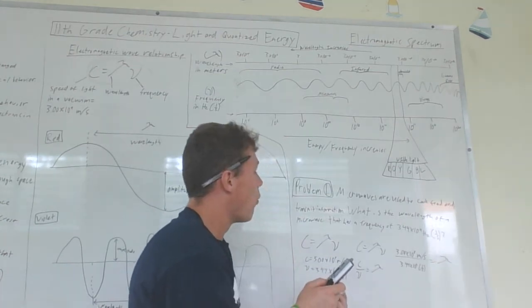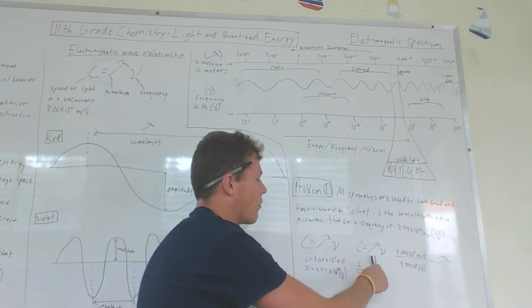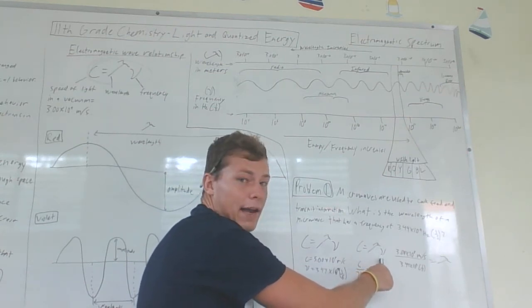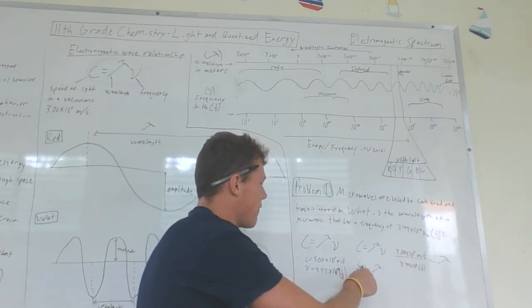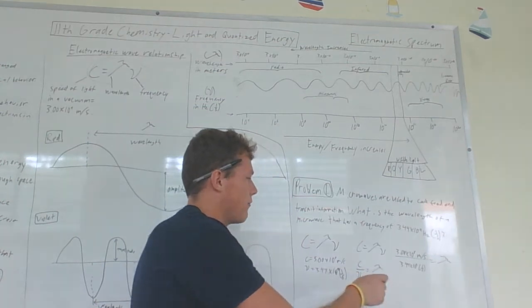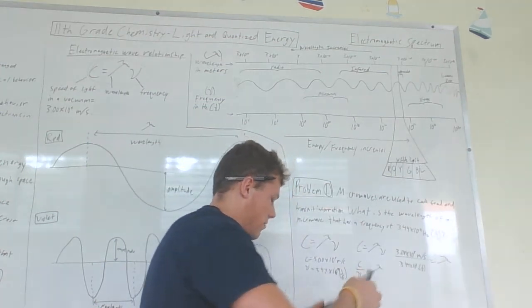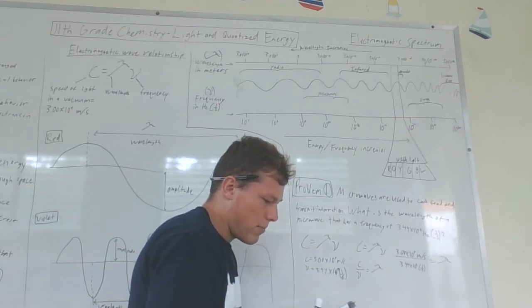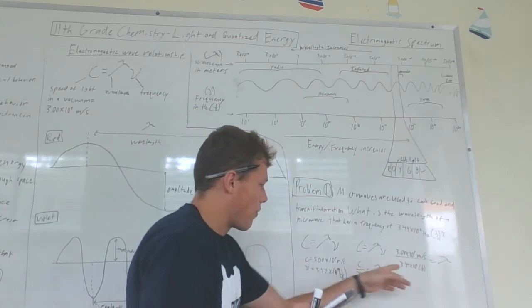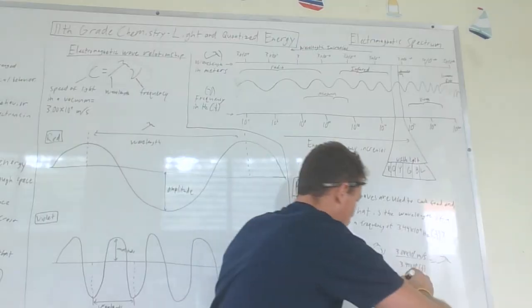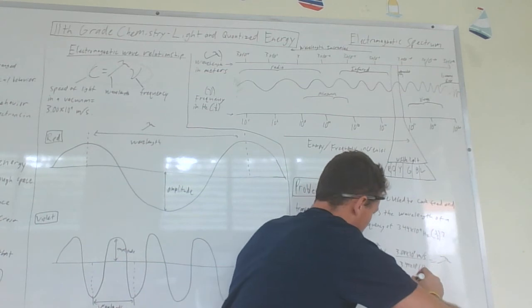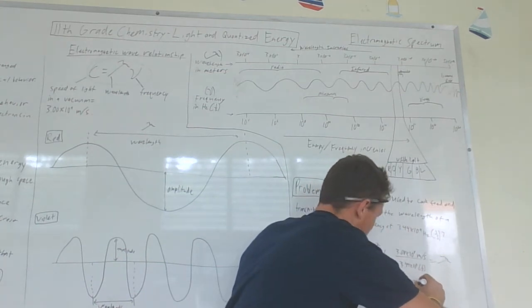Okay? So what we have is c equals wavelength times frequency. We want the wavelength by itself, so you divide by the frequency. So you divide the speed of light by the frequency. Then you have c over the frequency equals the wavelength. And then you plug in your numbers. So we have 3.00 times 10 to the 8 over 3.44 times 10 to the 9 equals 0.0872 meters.